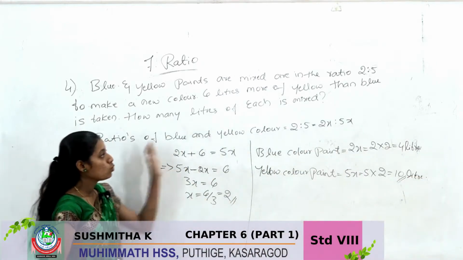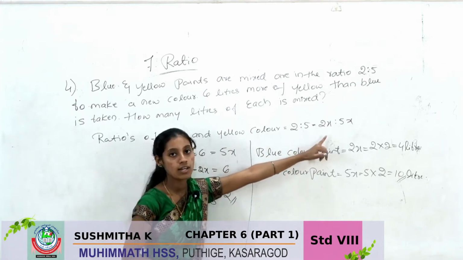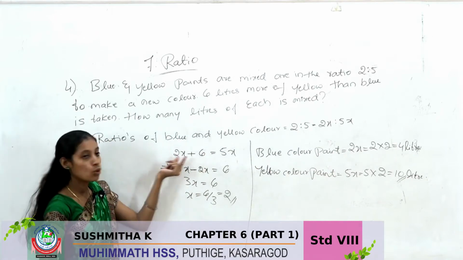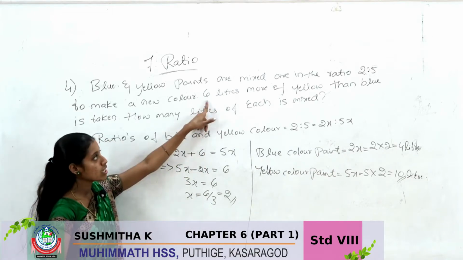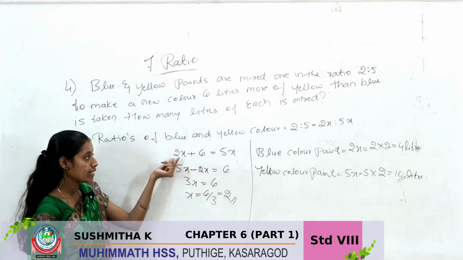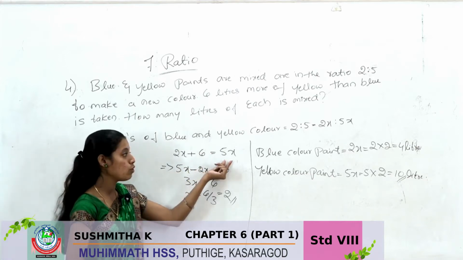So here the ratio of blue and yellow color is given as 2:5. We will write it as 2x:5x. Then the next condition is 6 liters more of yellow than blue, so 2x plus 6 is equal to 5x.